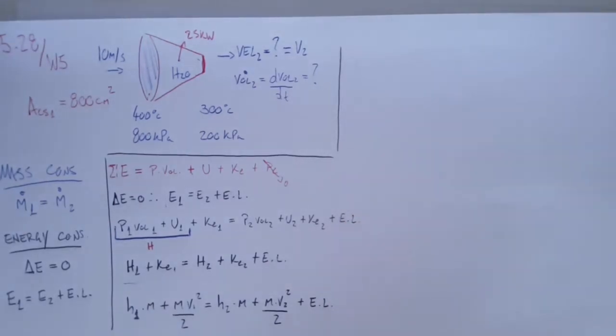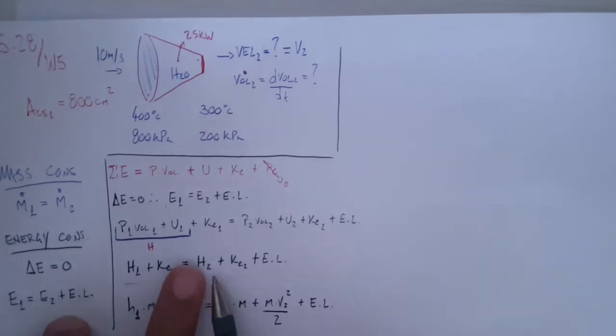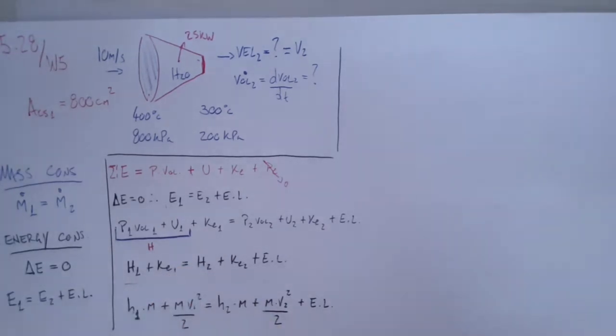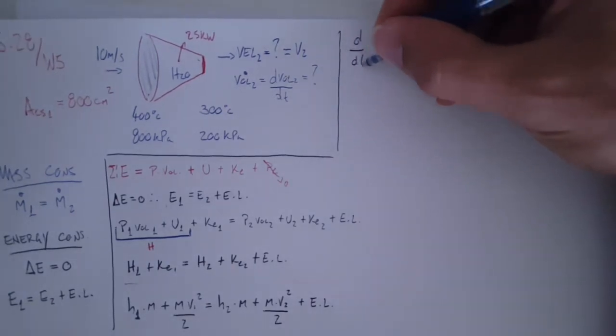Right? So I didn't change the whole equation, I just broke this down into these two, this into this, this into this, and I didn't change this one. Now what I'm going to do is derive everything with respect to time.